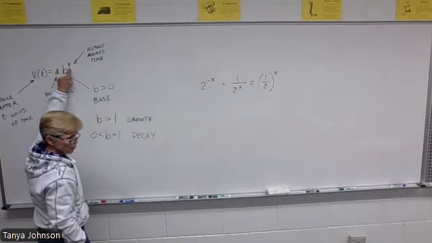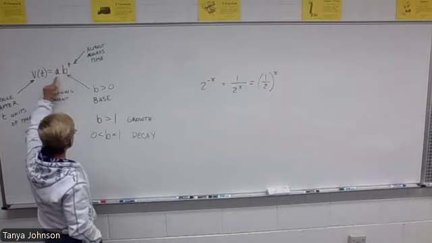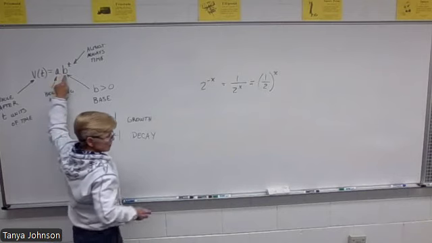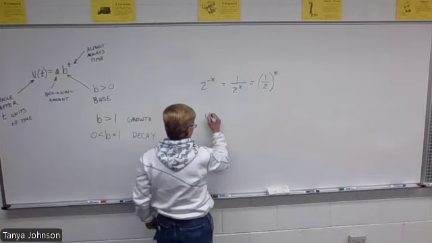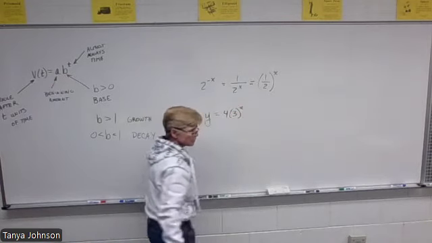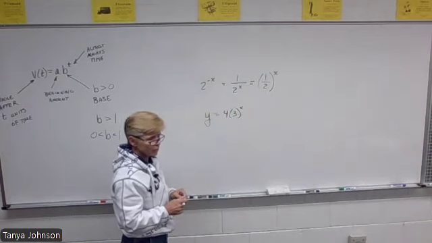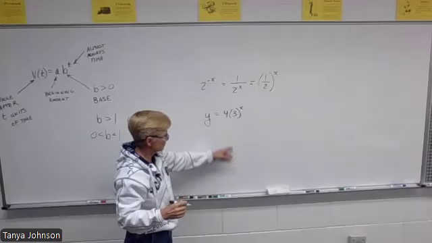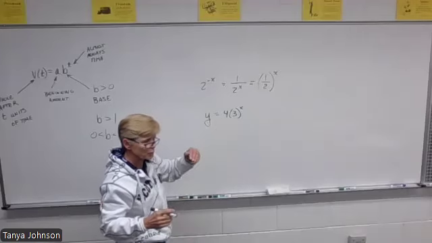X is your independent variable. When x is 0, the y value is 4. So A is 4, B is 3, and so we would write that one, y equals 4 times 3 to the x. You have to be able to identify A and B from the numbers. B is the multiplier, and A is what happens when x is 0.